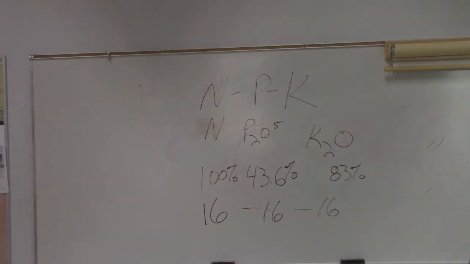Remember I told you that it's not NPK, it's N, P2O5, K2O. So if you get a fertilizer recommendation from the Agriculture Center doing a report, and they tell you to put 30 pounds per acre of N, 40 pounds per acre of P2O5, and 80 pounds per acre of K2O.